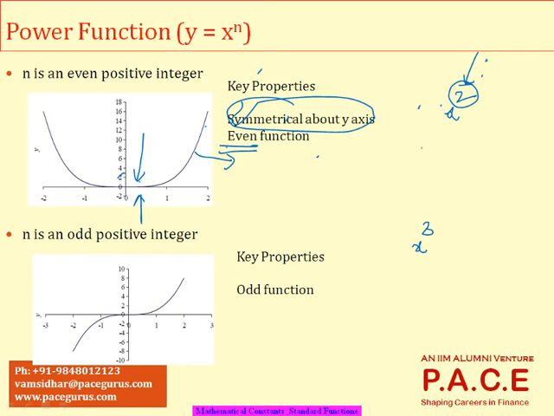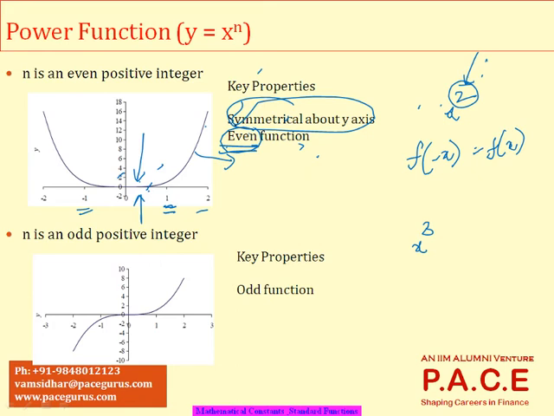which means if f of minus x is the same as f of x, which means the value corresponding to all negative values of x is the same as their corresponding positive values of x, then such a function is called an even function. So you can try out, let's say, on random basis, f of minus 3. Find out what is minus 3 squared, 9, plus 3 squared, 9.